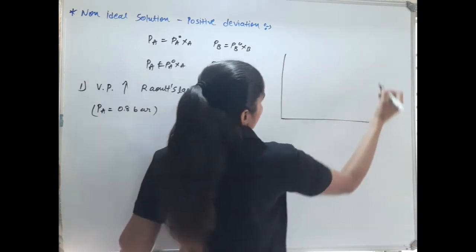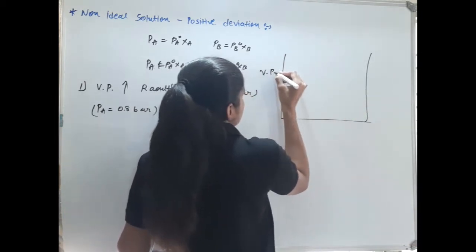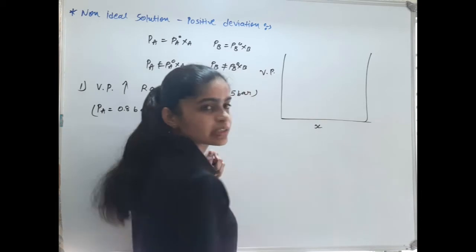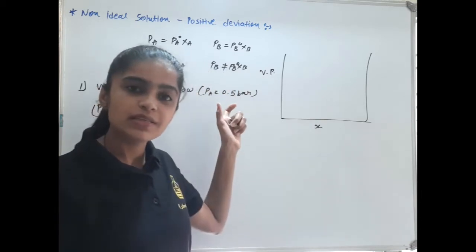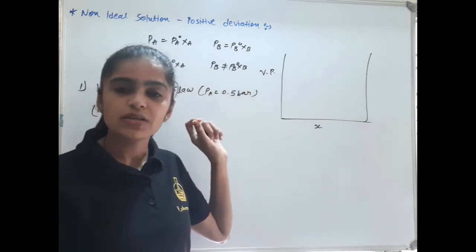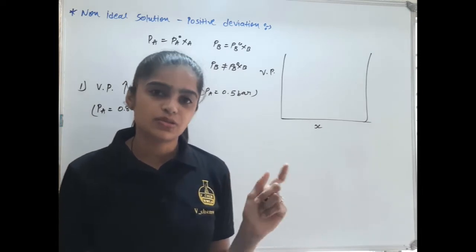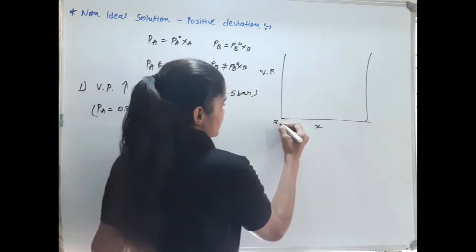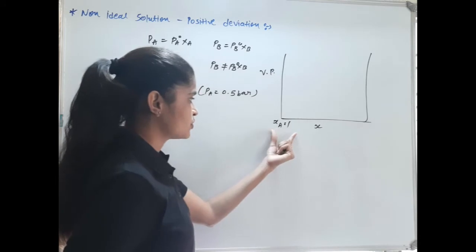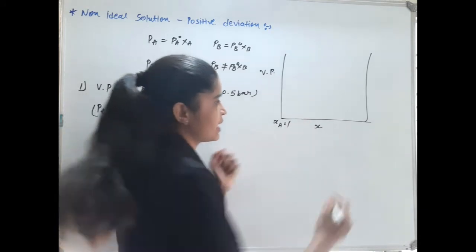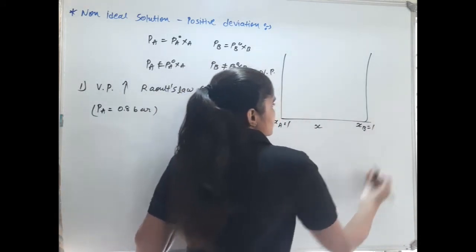Next, draw a graph of vapor pressure versus mole fraction. Mole fraction is X, where this is a binary solution. In the binary solution, two components are present, solvent and solute. So the solvent mole fraction XA is equal to 1 because this is the pure component, and XB is equal to 1 at this end.